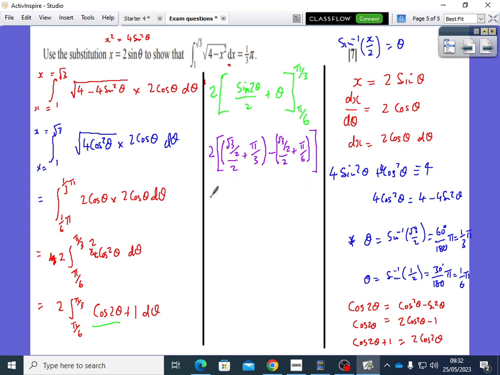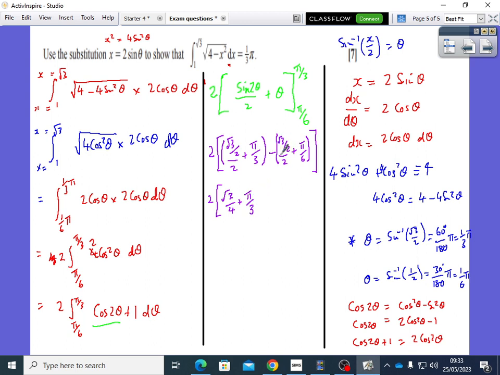Now what you could do is just bring the 2 down, so that gives simply root 3 over 4, plus pi over 3.